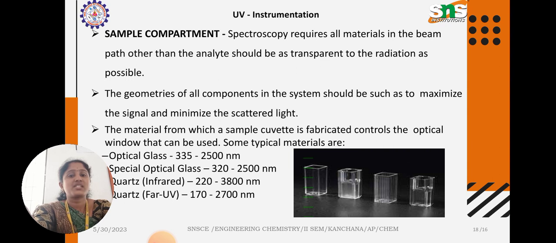Some typical materials are optical glass 335 to 2500 nanometer, special optical glass 320 to 2500 nanometer, quartz infrared 220 to 3800 nanometer, quartz far UV ultraviolet visible 170 to 2700 nanometer.